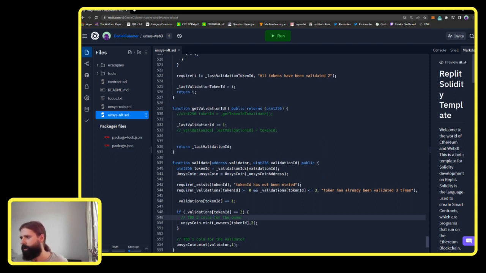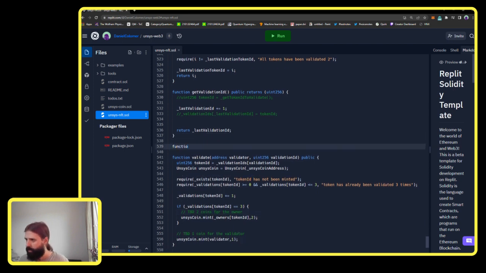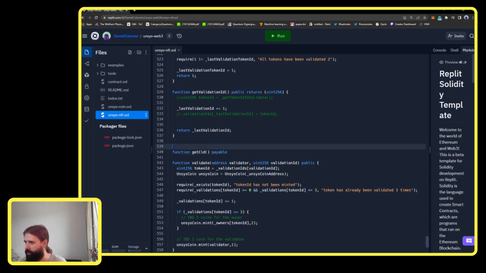But then there is going to be another function, which is basically consume. It's not consume, but basically, I don't know, get CID, right? I don't know how you do that, but I think it has to be payable.